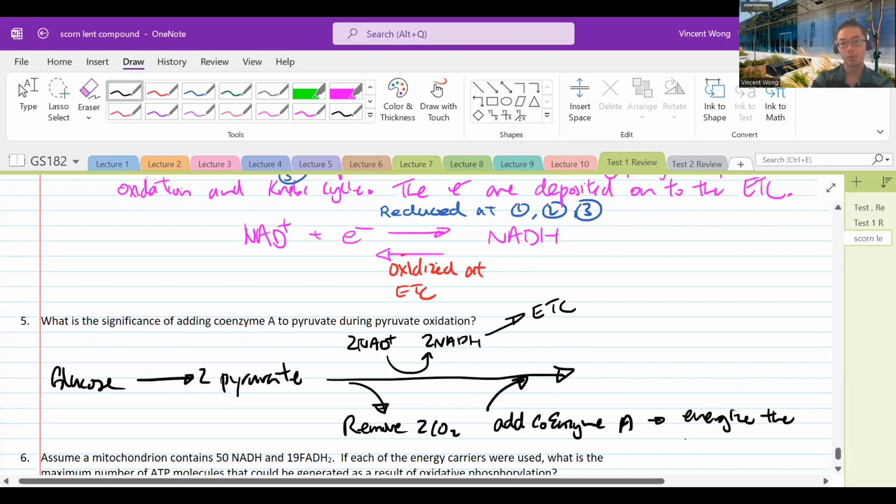Energize the molecule so that it is ready to react again. Okay, so that will create 2 acetyl-CoA, which will then head off to the Krebs cycle.